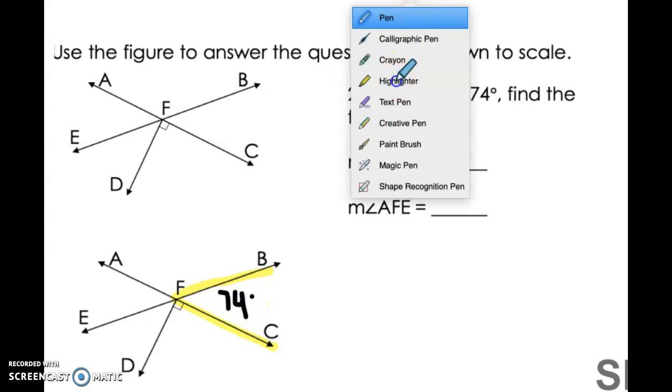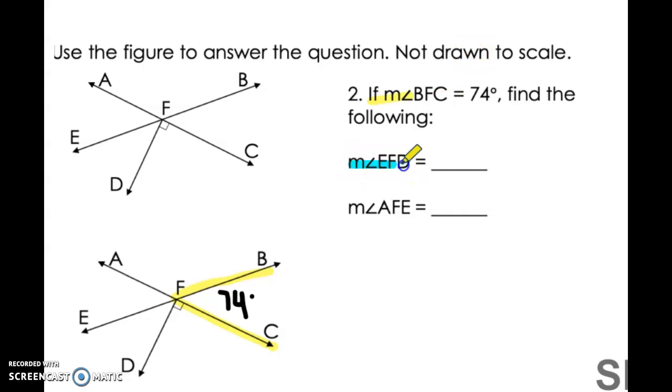All right, now we need to use that one piece of information to find the measure of angle EFD, and we need to find the measure of angle AFE. One of those angles is way easier to solve right off the bat than the other one. The easier angle here is the measure of angle AFE, because if you look at our picture, angle BFC, our yellow angle, and angle AFE, our pink angle, are vertical angles.